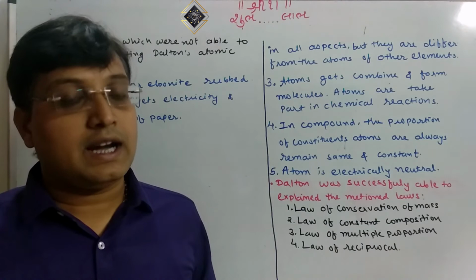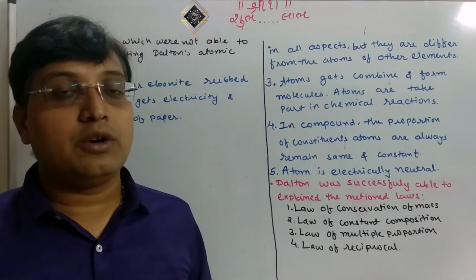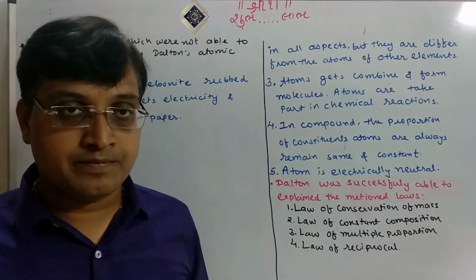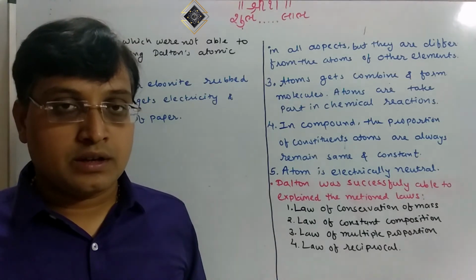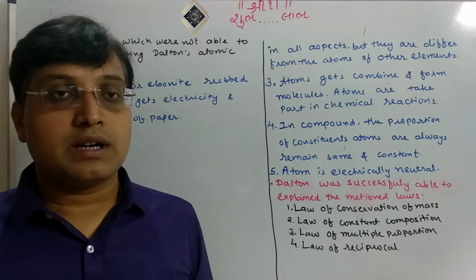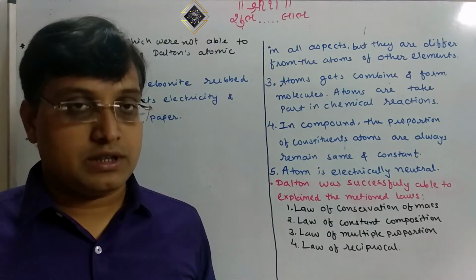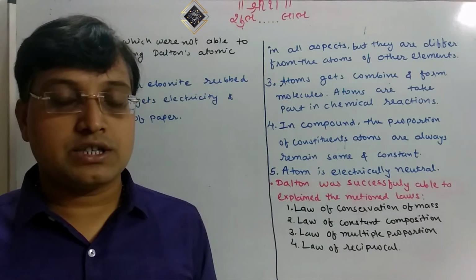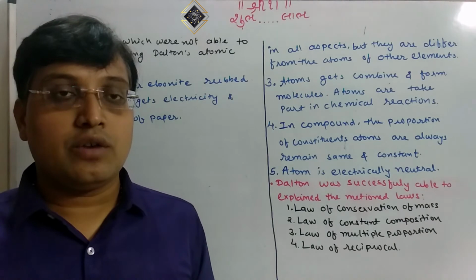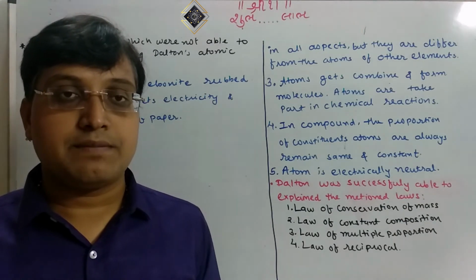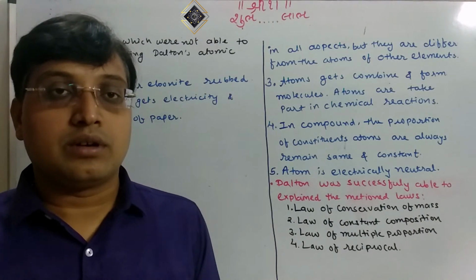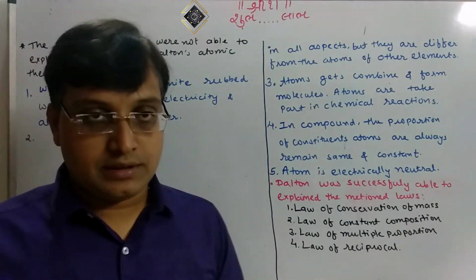And if the atom is electrically neutral, then how can it release the electron? Yes or no? Clear? So this phenomenon was not able to be explained by accepting Dalton's atomic theory. In the textbook they mention that Michael Faraday's law of electrolysis cannot be explained by accepting Dalton's atomic theory.